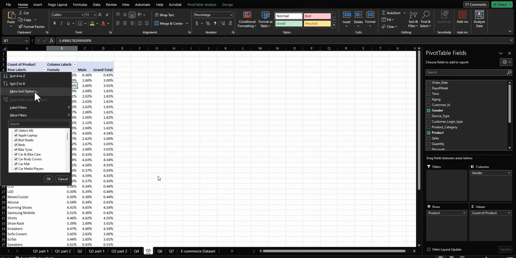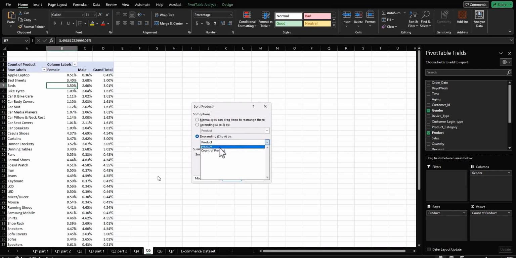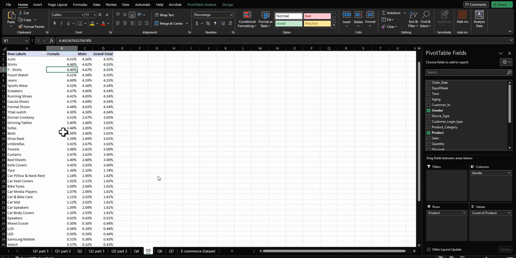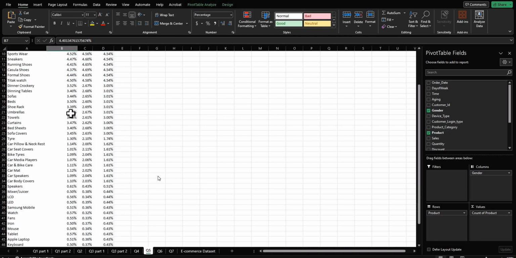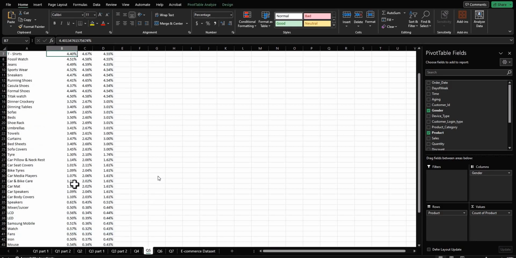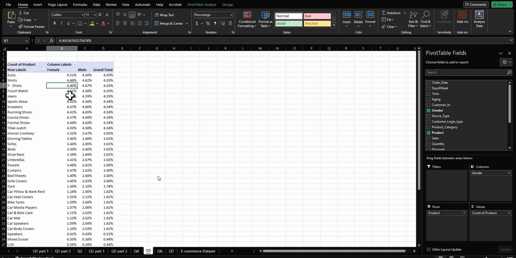And now I'm going to sort descending by count of product again. There's a lot of non-specific things that we can see here, but I wouldn't say there's anything that I've seen to say that there's a great difference between their shopping habits.